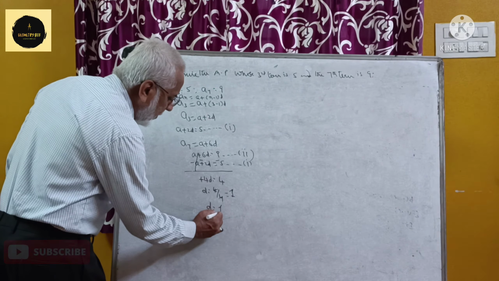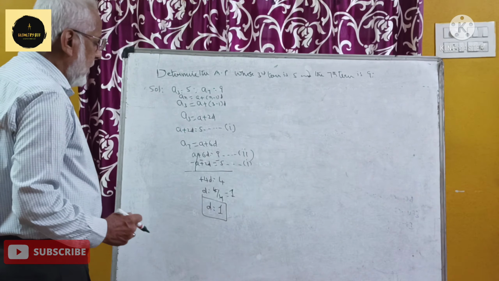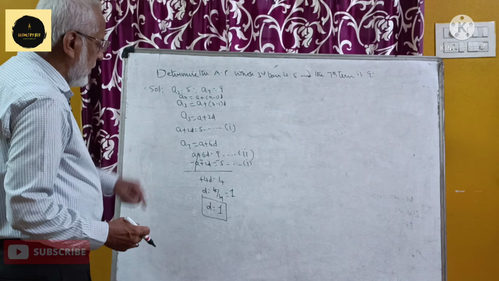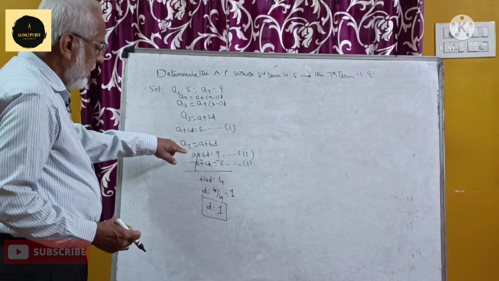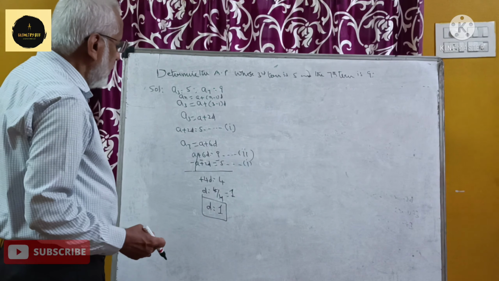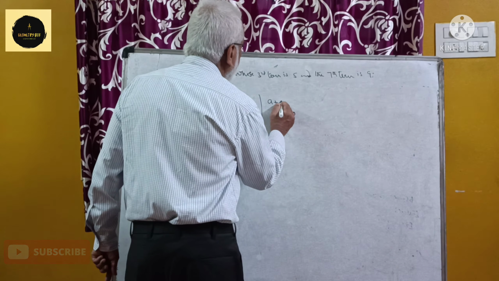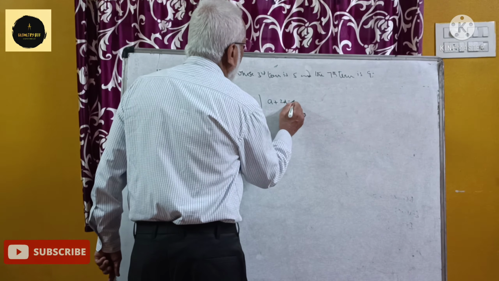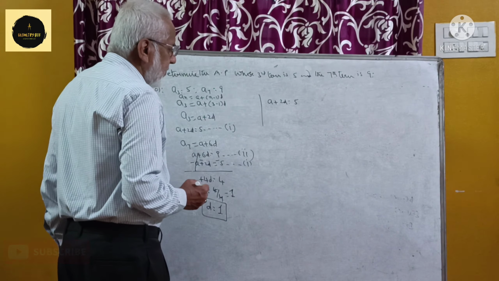Now we have to find the value of a. To find the value of a, you take any equation. We have equation number 1, a plus 2d is 5, and equation number 2, a plus 6d is 9. You take any one equation. For example, I take a plus 2d is equal to 5. Just now we found the value of d. Substitute the value of d in equation number 1.